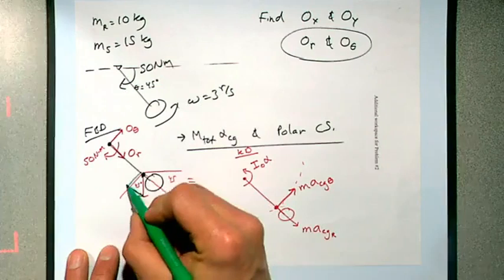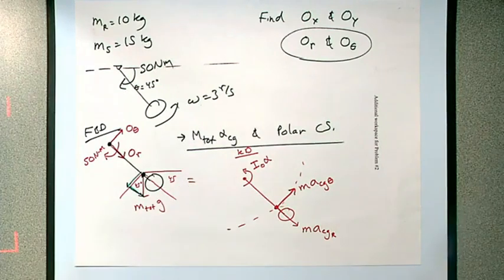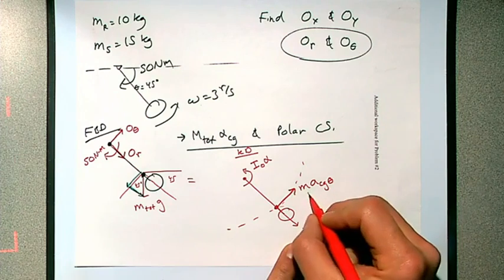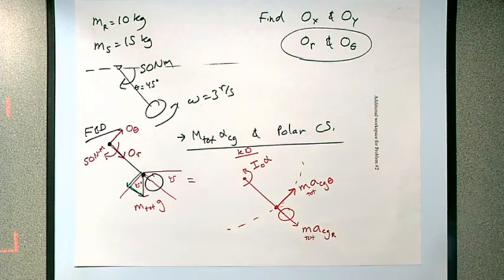This would be my theta component. So in the r direction, it is positive. So it's plus m total times g, and its component is the sine leg. And that's equal to my kinetic diagram side in the r direction. Mass, here's the total mass. I probably was lazy. I should have written total, right? M total. M total. Times acceleration in r.